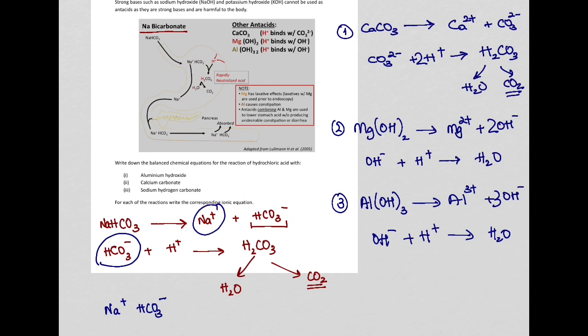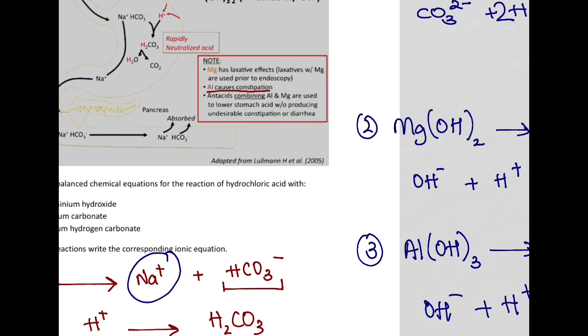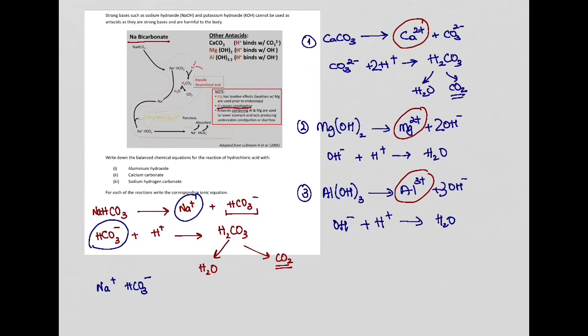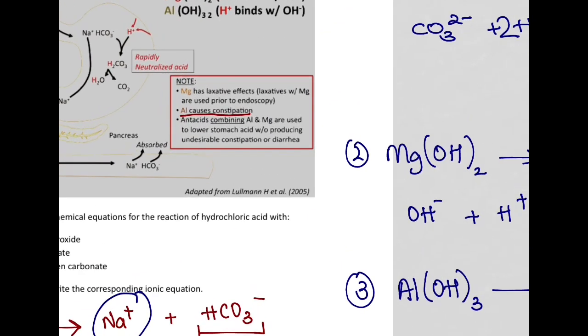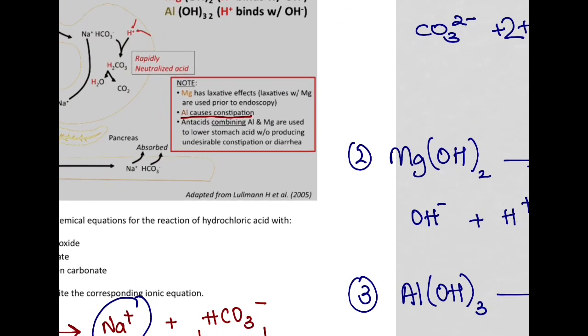Now, when you're taking these antacids, we see that there is the formation of a positive ion, a cation, which means that these cations will linger in the body, and these cations can produce side effects. So, for example, aluminium can cause constipation. And some antacids are a combination of aluminium hydroxide and magnesium hydroxide, and these also produce undesirable constipation or diarrhea.